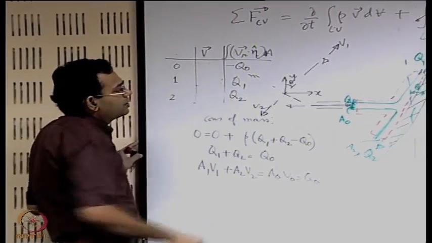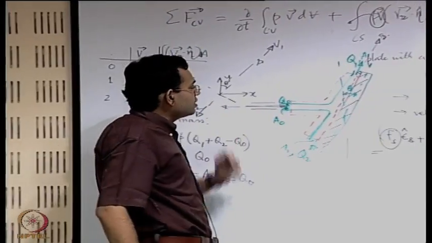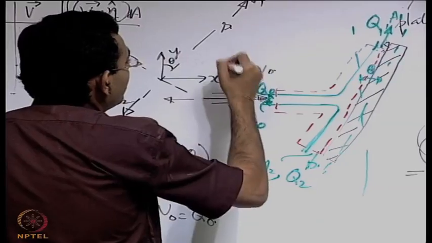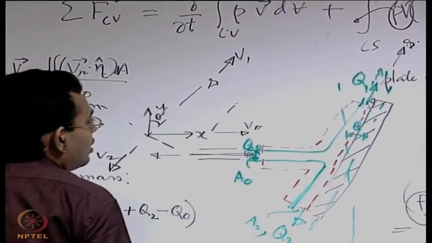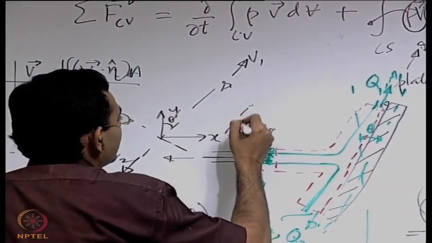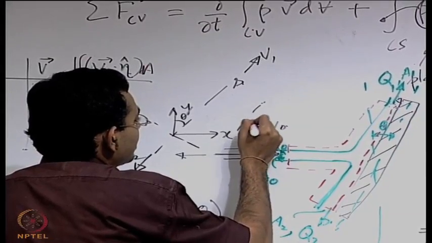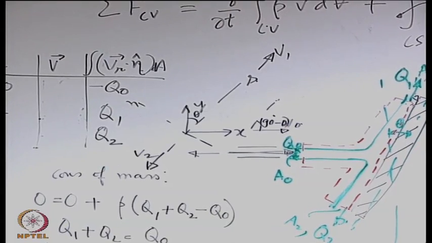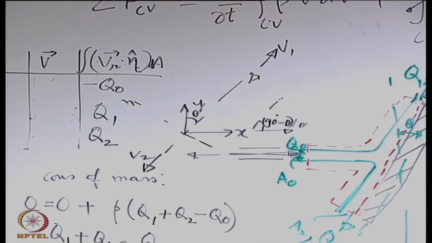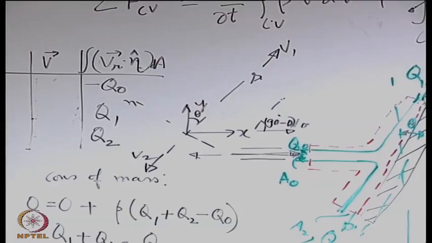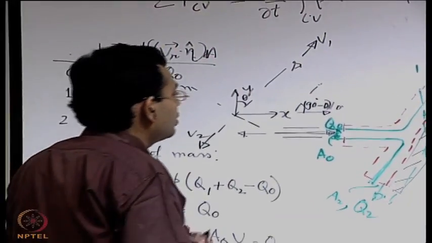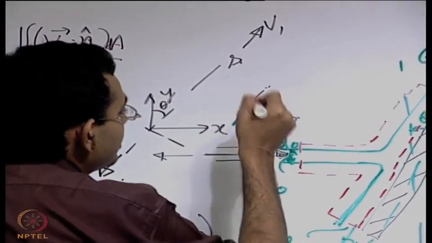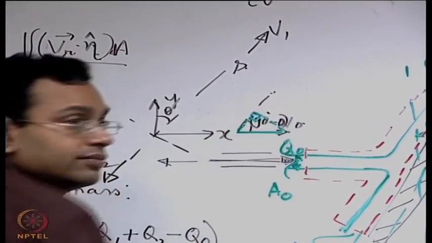At section 0 you have a velocity v0, you have a coordinate s like this and a coordinate perpendicular to that as n, and with this one it makes an angle 90 degrees minus theta. So you can resolve v0 into components along s and n. Typically the resolution will look like this along s, this along n, so the resultant is this one.